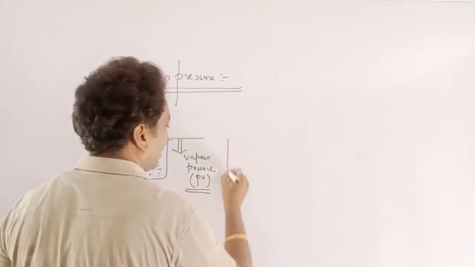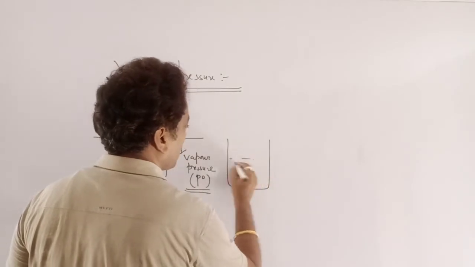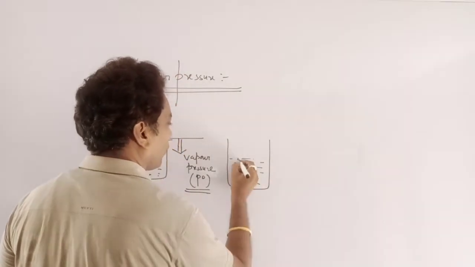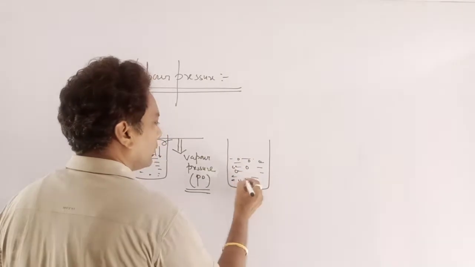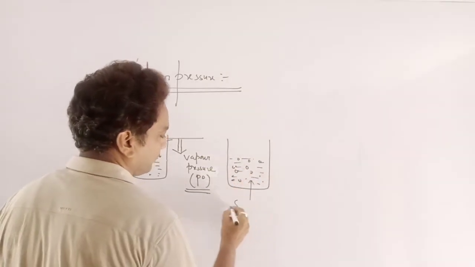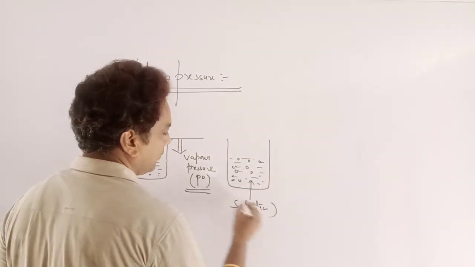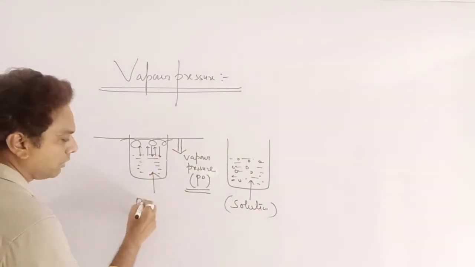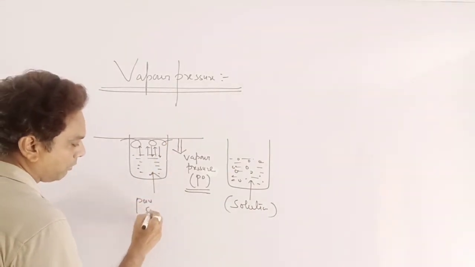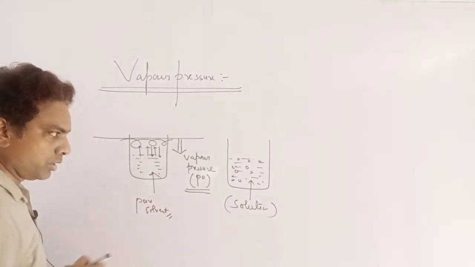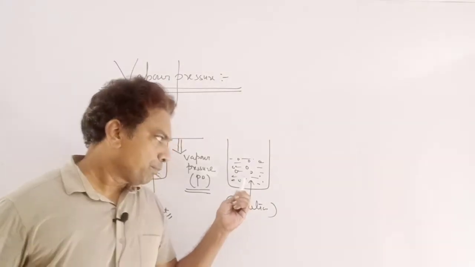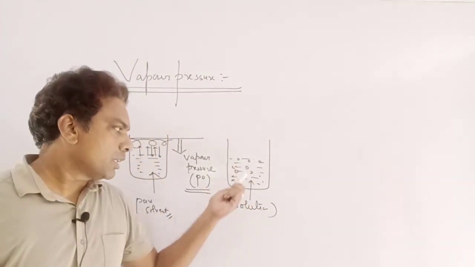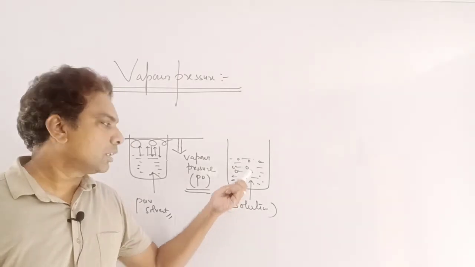Now, if we mix some solute particles in a pure solvent, then it forms a solution. Here is our pure solvent, no solute. But in this case, some solute particles dissolve in the pure solvent to make the solution.